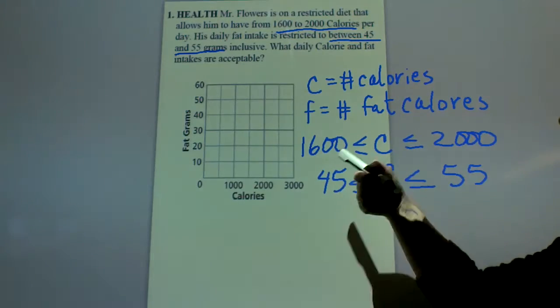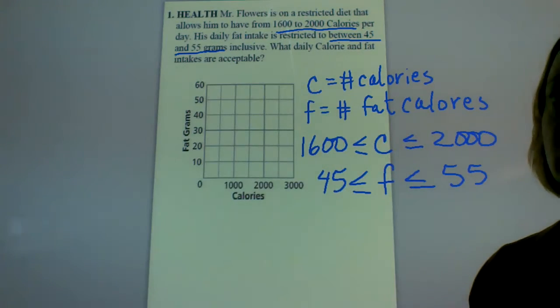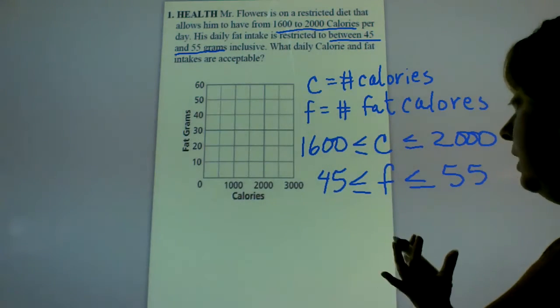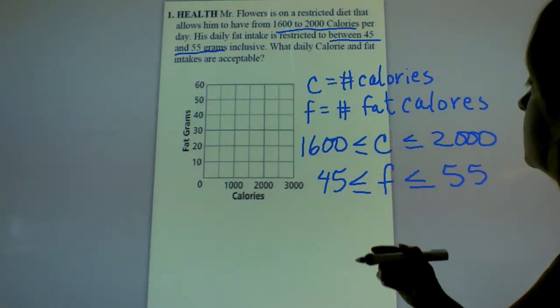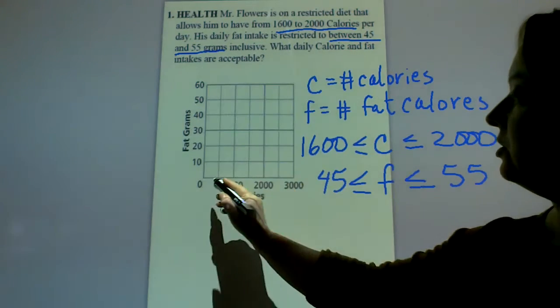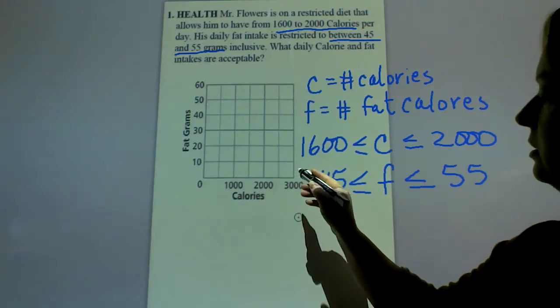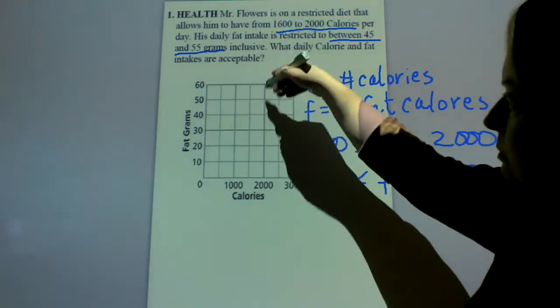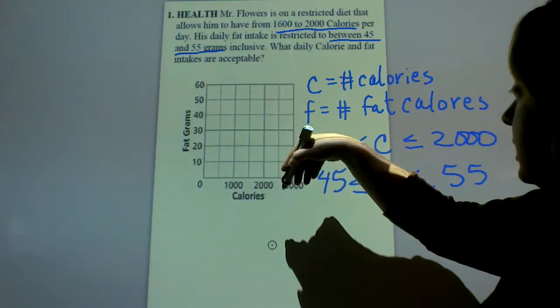The graphs of these are going to be vertical or horizontal lines, depending on what axis it's going through. So this is C. C is on the x-axis here, so it has to be between 1,600 and 2,000.